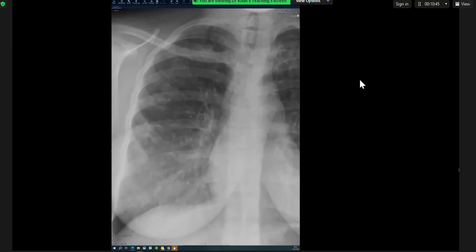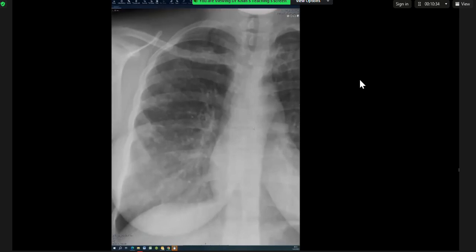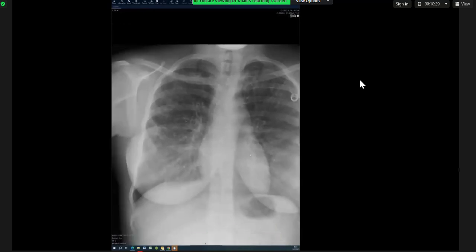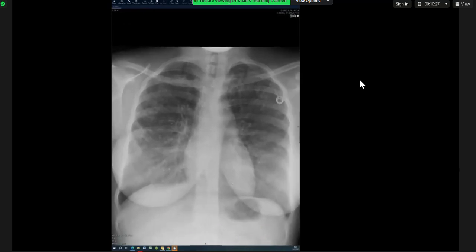I'm also looking at the lungs to see if there are any further opacities, and I suspect that there may be an opacity in the right lower zone, just behind one of the lower ribs. Looking at the left lung, there are no further changes. There's no hilar lymphadenopathy, no pleural effusions, and no bony abnormalities that I can appreciate.